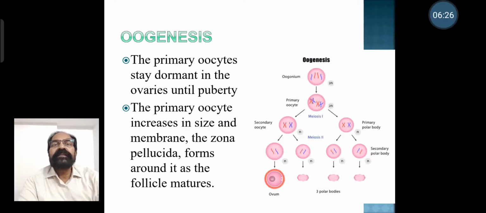The primary oocytes stay dormant in the ovaries until puberty. The primary oocyte increases in size and a membrane, the zona pellucida, forms around it as the follicle matures.